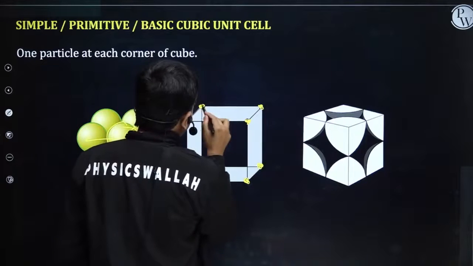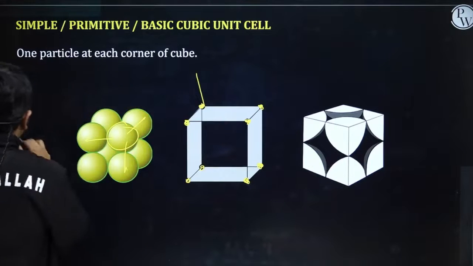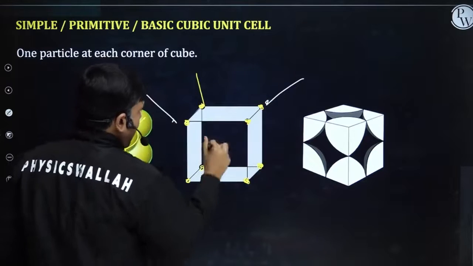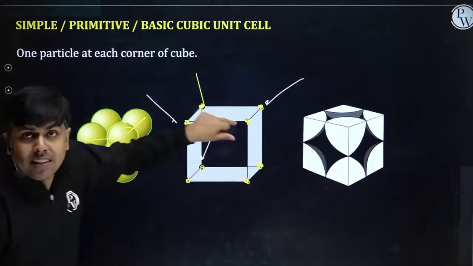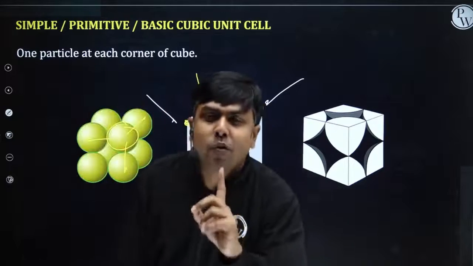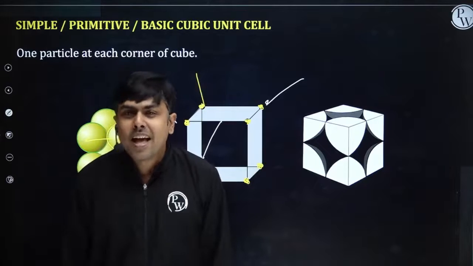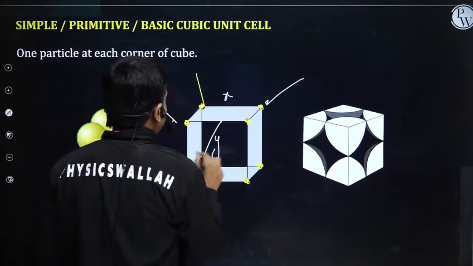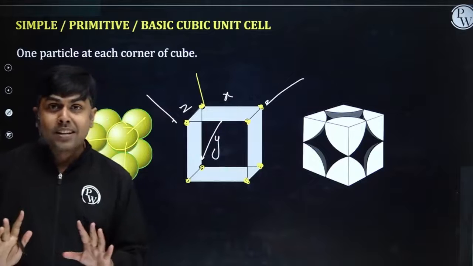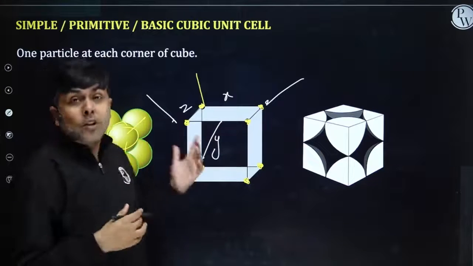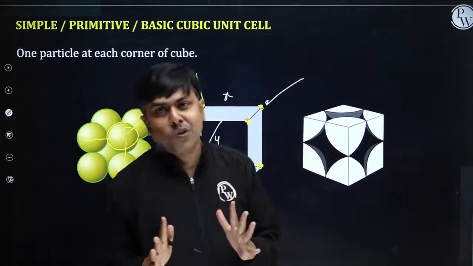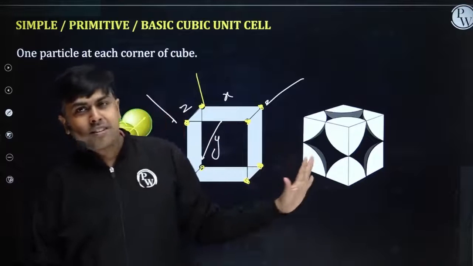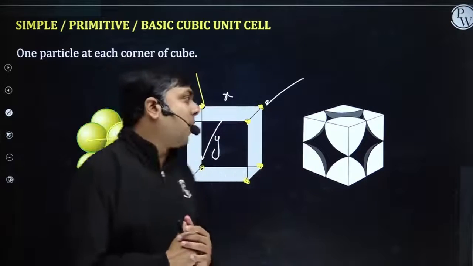If I focus on this particular atom, it is going to touch 3 corner atoms inside this unit cell, the adjoining corner atoms along the x-axis, y-axis, and z-axis. But 3 is not the coordination number. I already introduced the coordination number. In the entire lattice, the coordination number will be different. We'll talk about that.